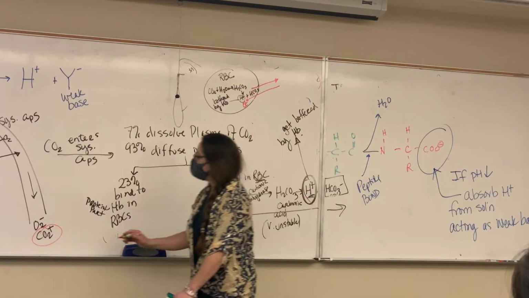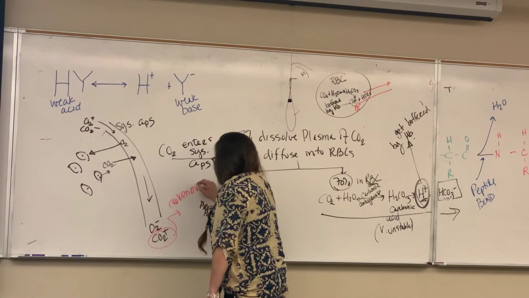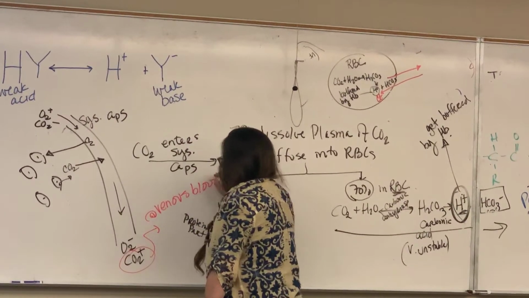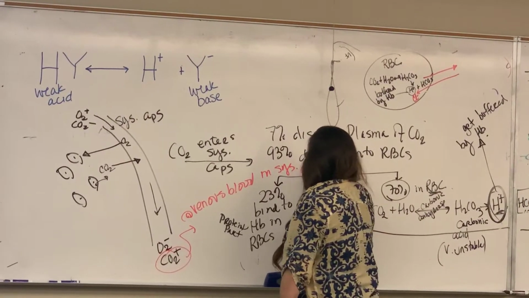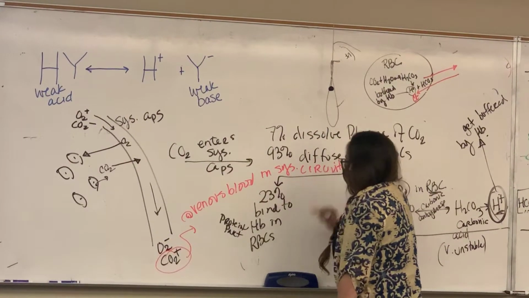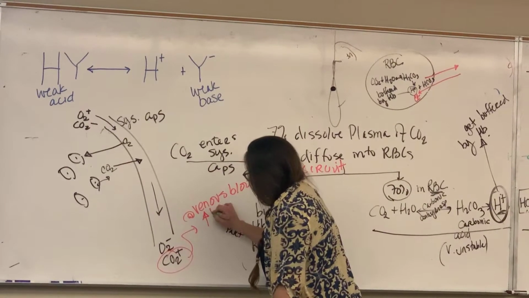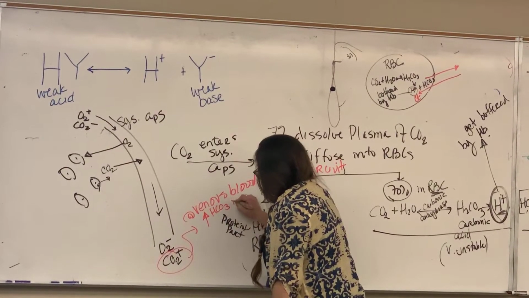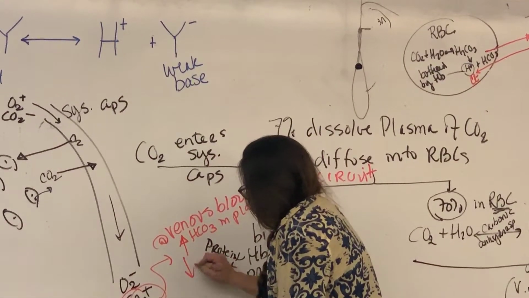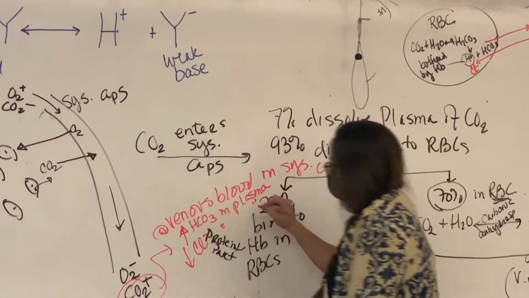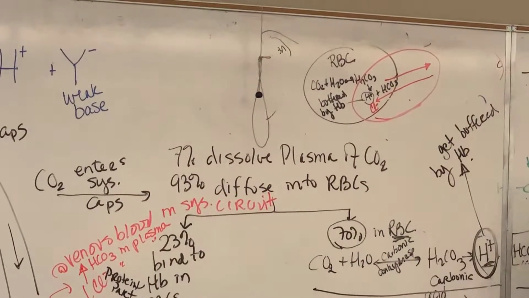So in the venous blood in the systemic circuit, you would have a bit more bicarb in the plasma and a bit less chloride in the plasma because of this chloride shift that happens.